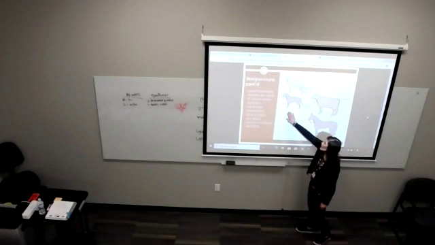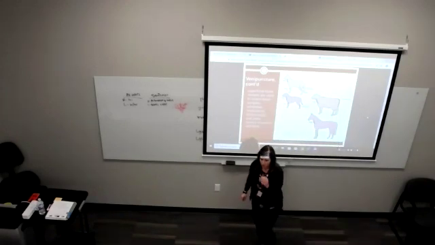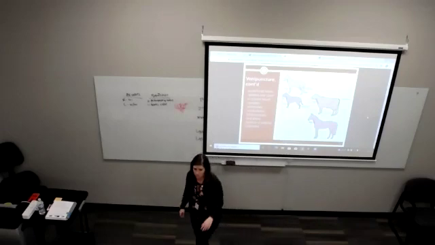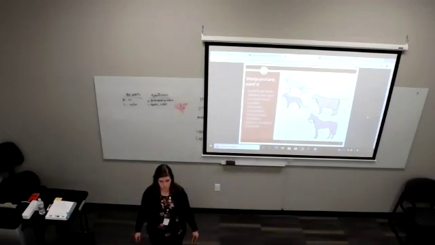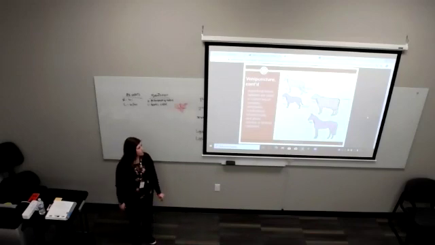So the arm vein in both our dogs and our cats is the cephalic vein. Do you remember what cephalic means? Cephalo is head. So remember we had sternocephalicus?